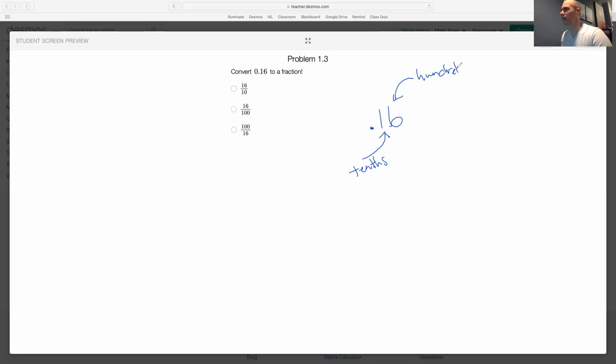And since the 6 is the last digit of this decimal number, then the whole decimal number itself, the 1 and the 6 that make a 16, it tells you that there's 16 hundredths here because the hundredths is the last place used. And so we have 16 hundredths, and you write that as a fraction, 16 over 100. So that's the one I would select.